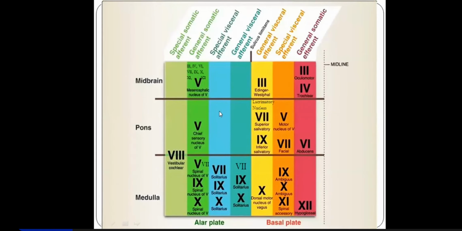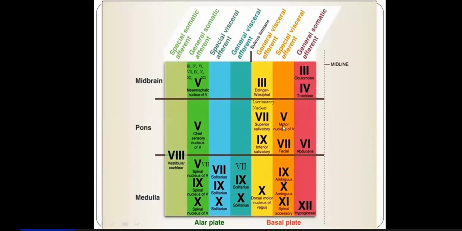So in the remaining 5 functional columns you will find facial nerve. This is the functional column which will innervate the muscles derived from branchial arches. So special visceral efferent. So you find that the facial nerve motor nucleus is found at the lower pons, just adjacent to the abducent nerve nucleus, right?